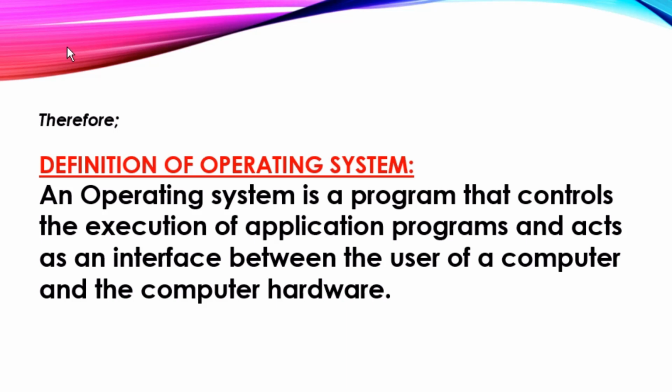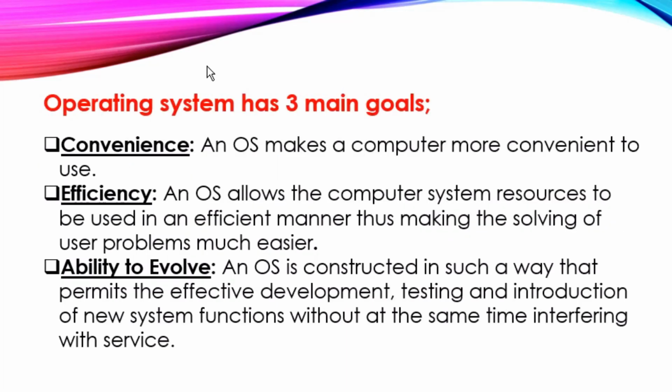Now, this operating system that we have defined works to achieve some three main goals. First, it makes the computer more convenient to use. Secondly, it also makes the solving of user problems much easier, as it allows for efficient use of the various computer resources.